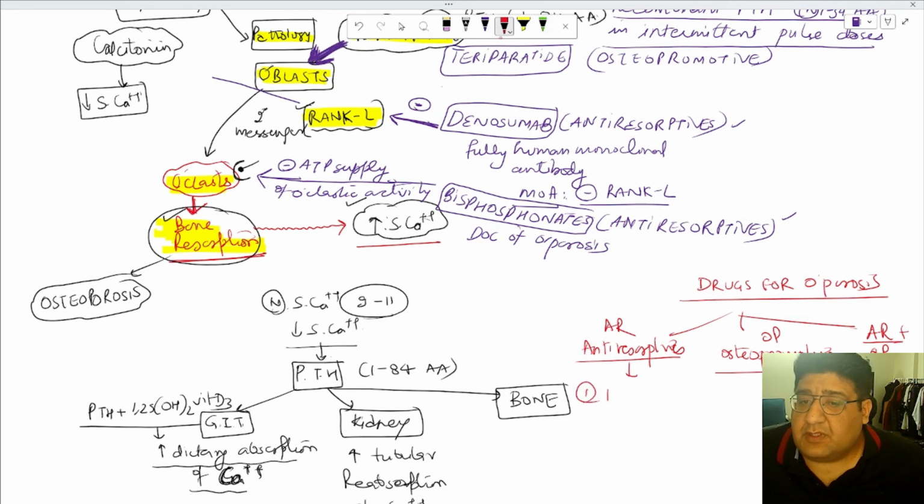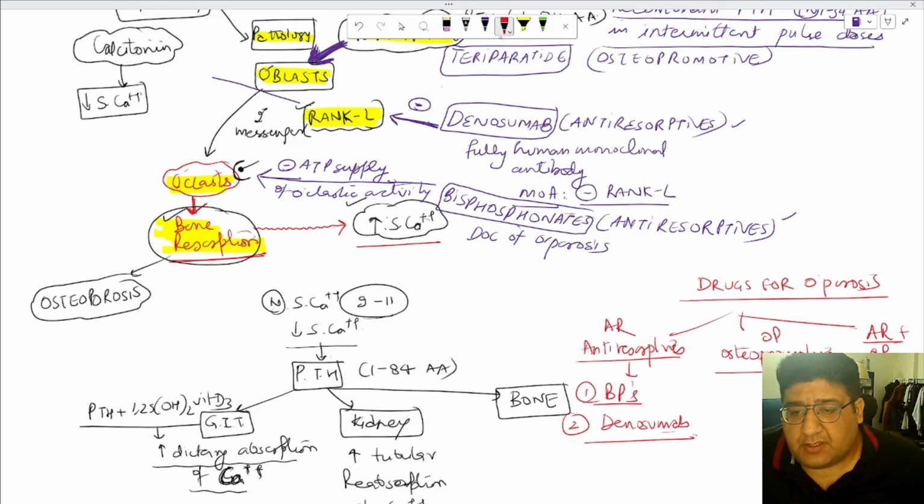As far as anti-resorptives are concerned, let's talk about bisphosphonates, which is the overall drug of choice. Let's talk about denosumab. Osteopromotive, let's talk about teriparatide.